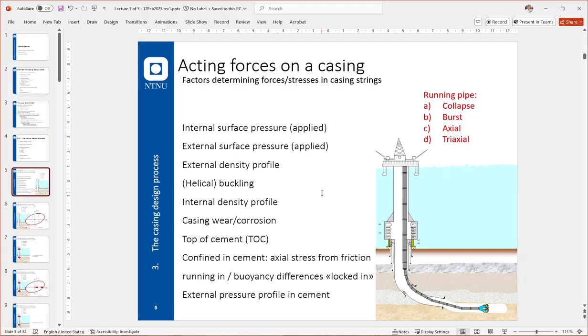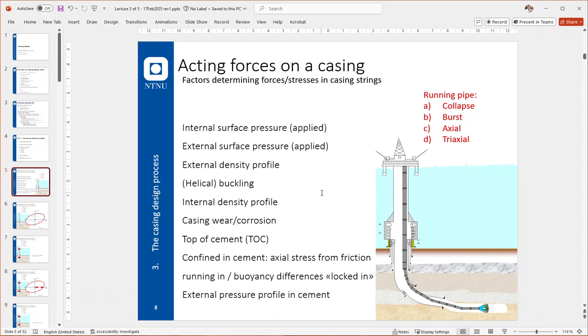And confined in the cement or other places, we introduce either actual stress from friction, typically in the bottom part where we are cementing, or the cement itself creates buoyancy effects, and this could be locked into the casing as we are cementing.